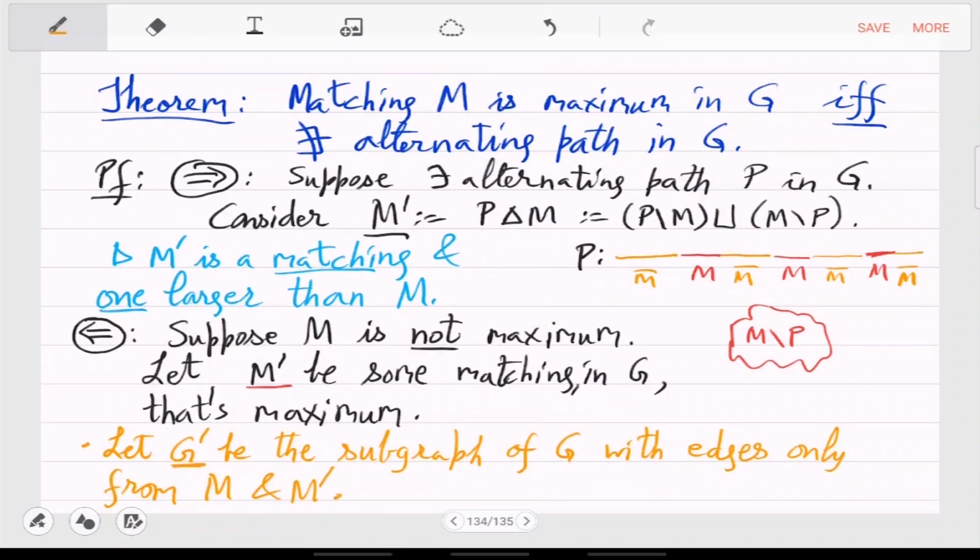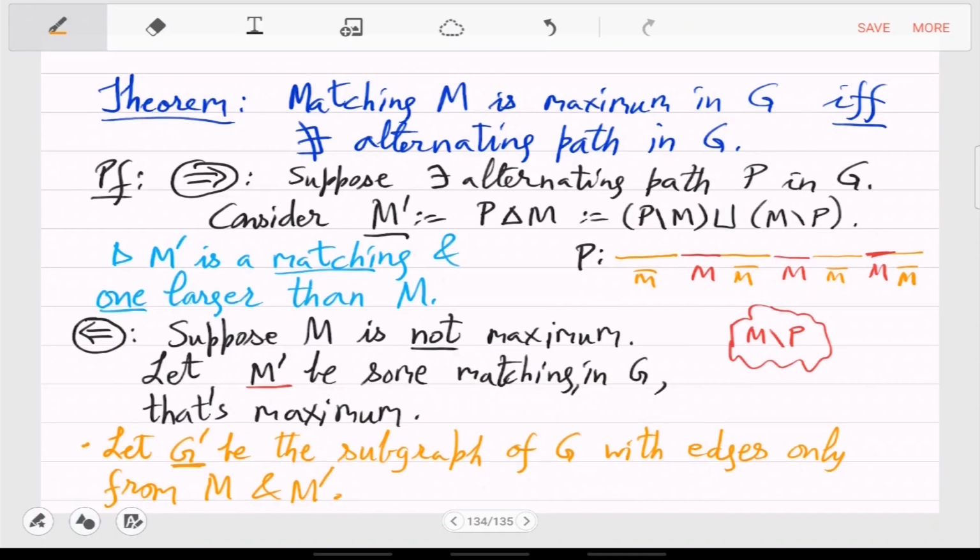Now what can you say about the properties of the subgraph G prime? If you have just edges of M, you know that the degrees are all 1. Now if you introduce M prime edges also, the degree can be at most what? Degree can be at most 2, right?